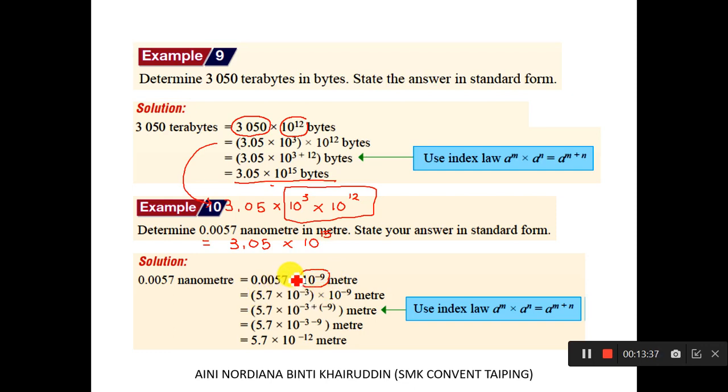So first, change this to standard form. So in the bracket is this number in standard form. So this is multiplication. So the powers or the indices you can add. So negative 3 plus negative 9 equals negative 12. So this is the final answer.